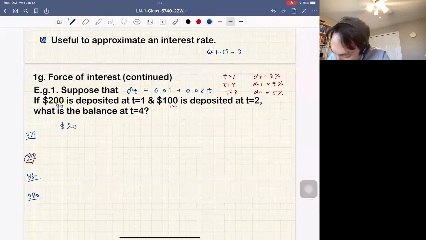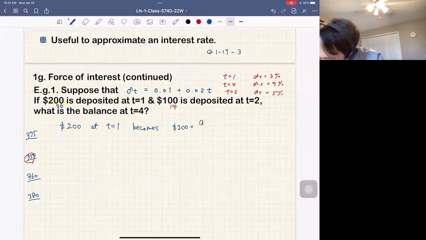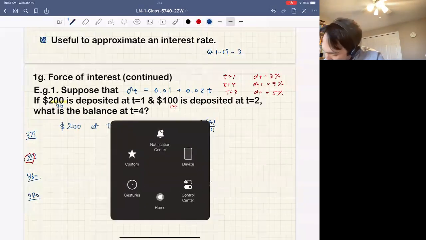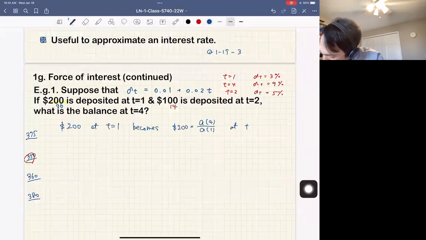So $200 at t equal to 1 becomes $200 times A(4) over A(1) at t equal to 4.